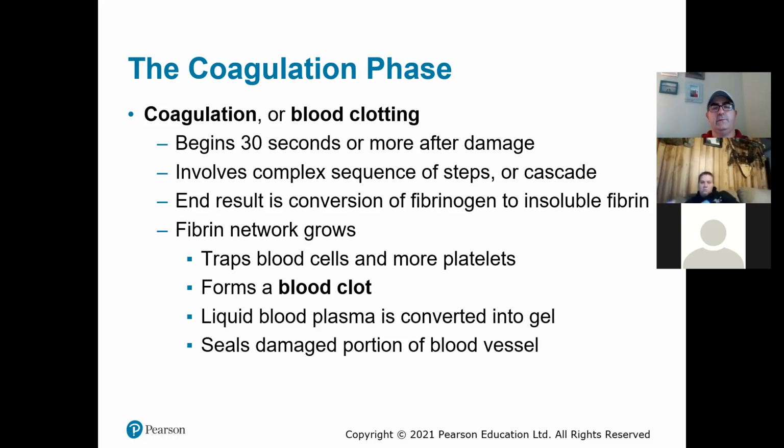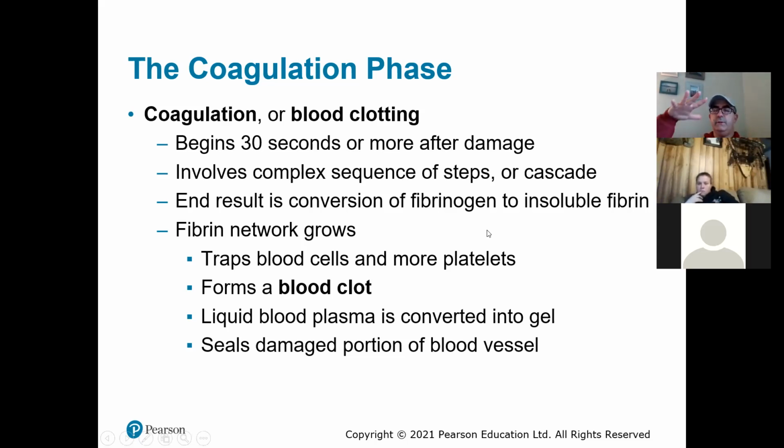And the third phase that happens is actual blood clotting, or coagulation. It begins at least 30 seconds or more after your damage. There's a whole biochemical sequence, almost like dominoes: A activates B, activates C, activates D. The eventual last step is that you convert fibrinogen to fibrin. Now, fibrin are these long fibers, right? These long threads.